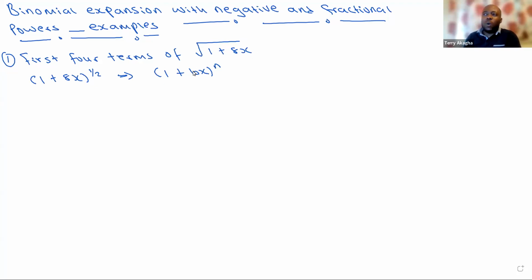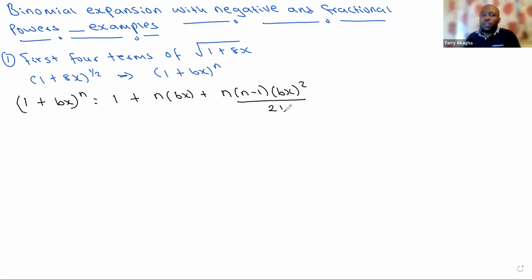If you can remember, the formula for 1 plus bx raised to the power n is equal to 1 plus n times bx, plus n times (n minus 1) times bx all raised to the power 2 divided by 2 factorial, plus n(n minus 1)(n minus 2) times bx all raised to the power 3 divided by 3 factorial, all the way to infinity.